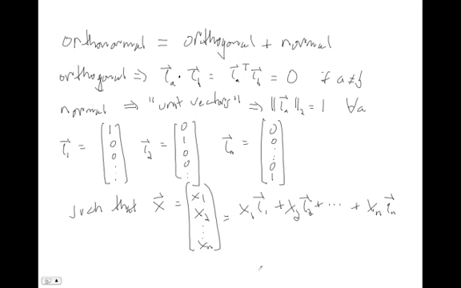And we can also, interestingly enough, think of this as equal to a big identity matrix times this x1 through xn. So this identity matrix is an n by n identity matrix. And we can also think of this as the identity matrix times this x tilde. And so in this case, if we use this very special orthonormal basis set, then there's no difference between our vector x and our representation of x.